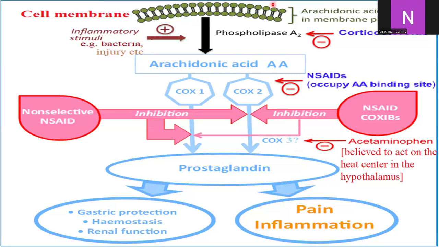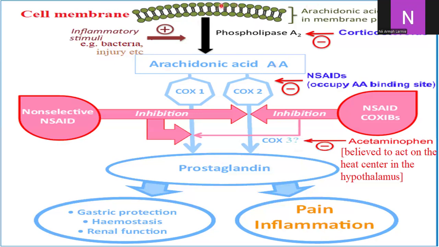Now, this is a side note that I want to bring your mind to. Remember, we said NSAIDs are non-steroidal anti-inflammatory drugs. Steroidal anti-inflammatory drugs, also called corticosteroids, also work through this same pathway.